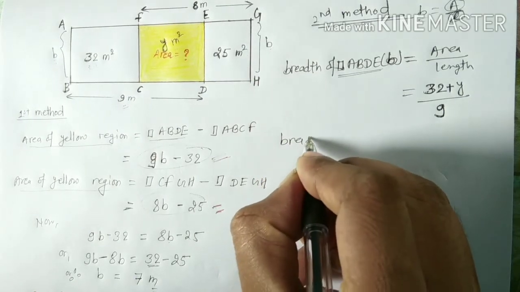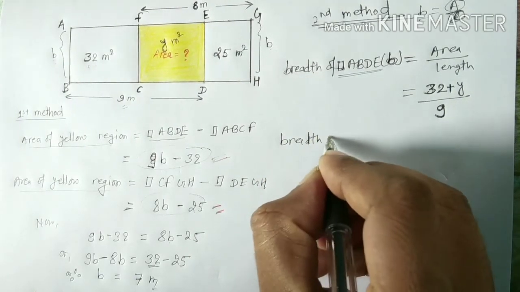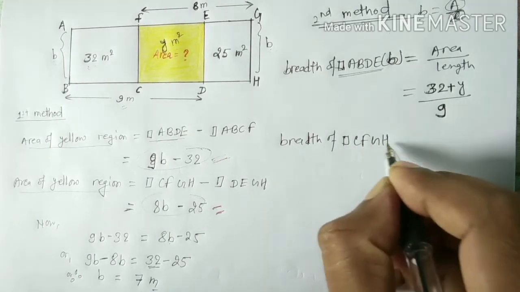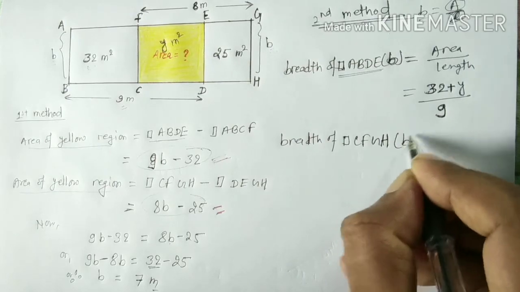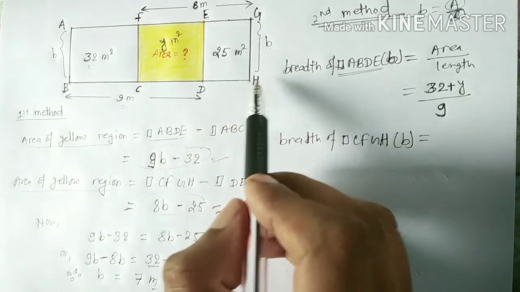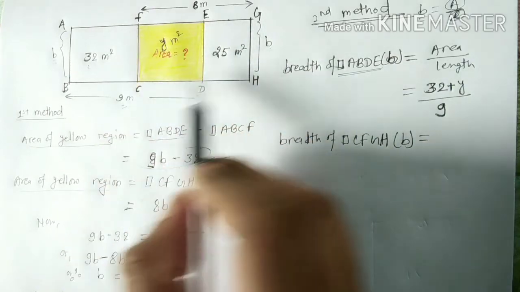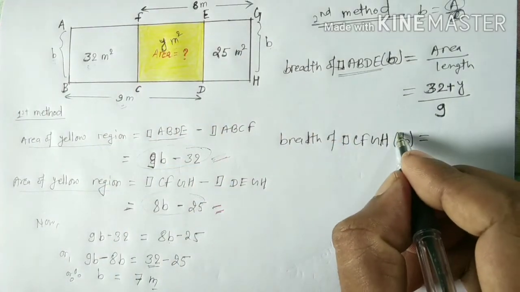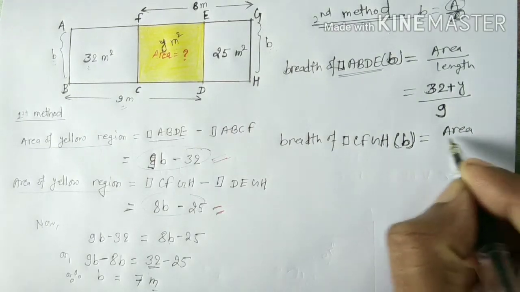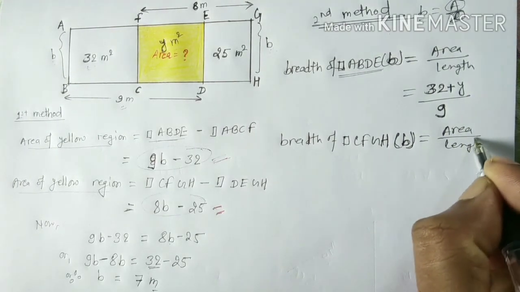Also, the breadth of rectangle CFGH has also the breadth B, so we are going to find its breadth. So B is equal to, we have again the same formula here, its area by its length.